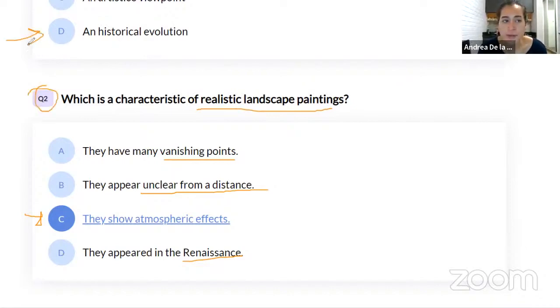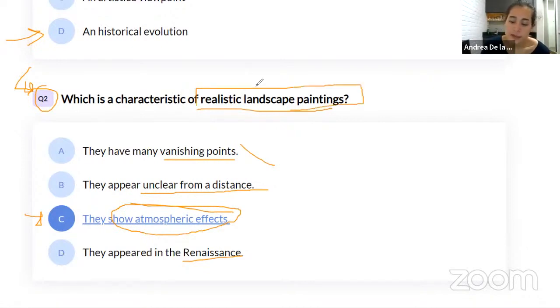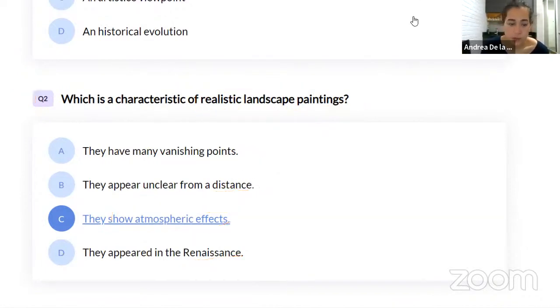If the first question was about the topic, then the second one is very likely going to be about the first subtopic, which was aerial perspective. And in my notes, the only place where I have this is aerial perspective, together with atmospheric effects. So do you guys have any questions? Is that okay so far?